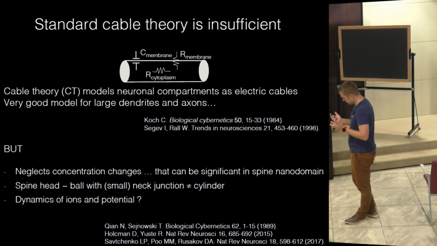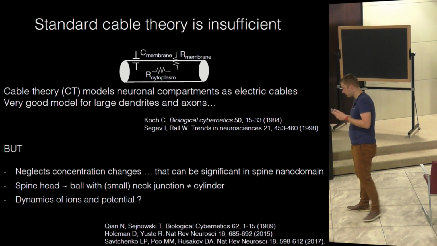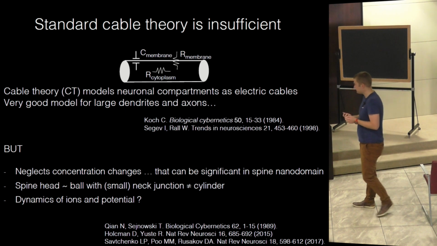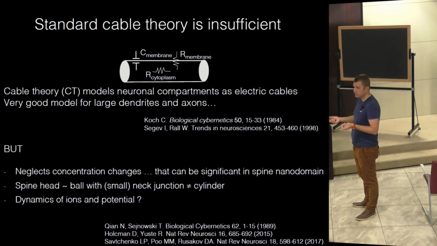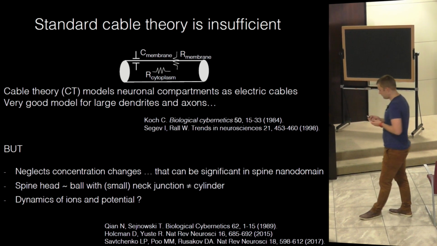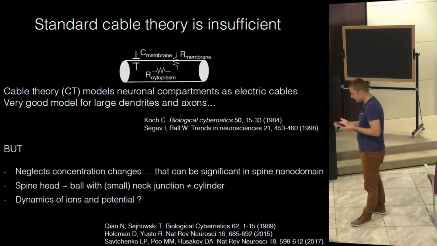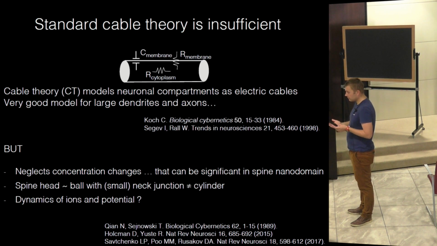So this theory is good. It was introduced, I think, in the 60s, at the time of Huxley, and it has been refined in the 70s and 80s. It works pretty well for large compartments, such as the giant axon that was used at the time of Huxley. But it makes a lot of hypotheses that do not hold in dendritic spines.